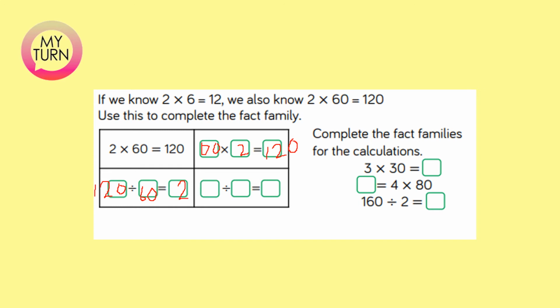So 120 divided by 60 equals 2. So we've got one more to do, and for this one we're still going to start with 120, okay? And then what we're going to do is we're going to divide by 2 this time. We're not going to divide by 60. What do you think the answer might be?